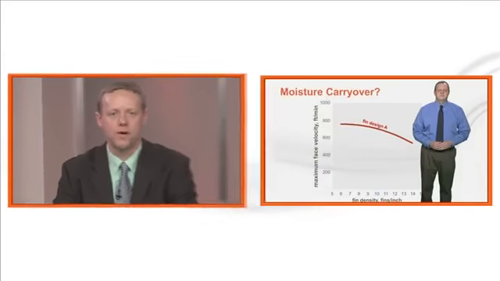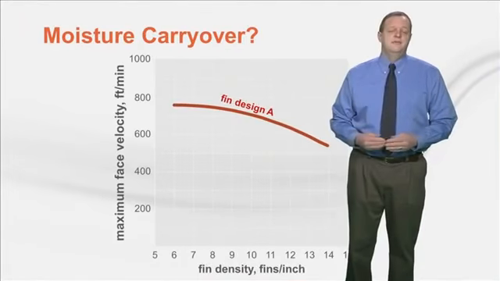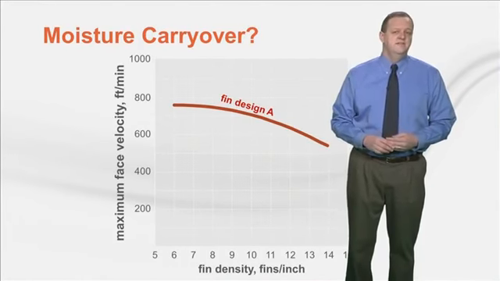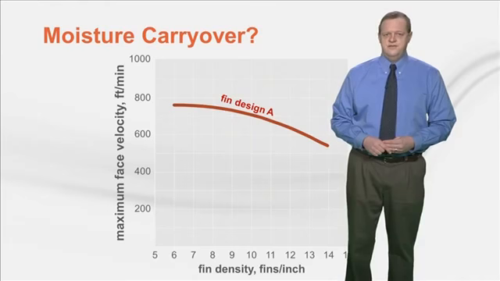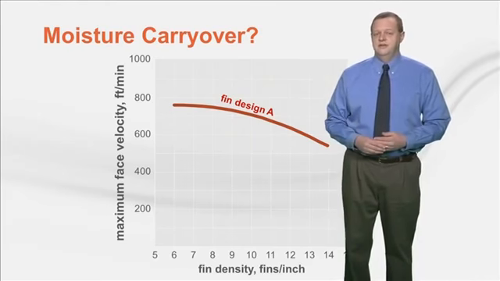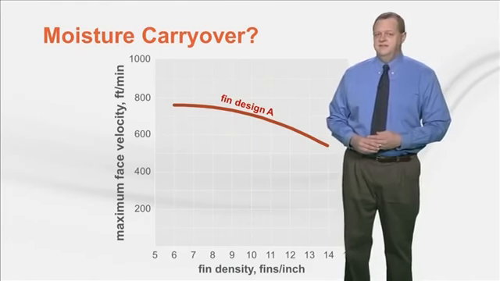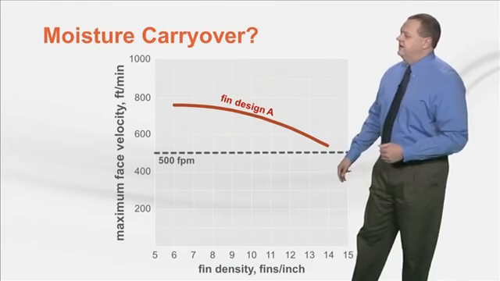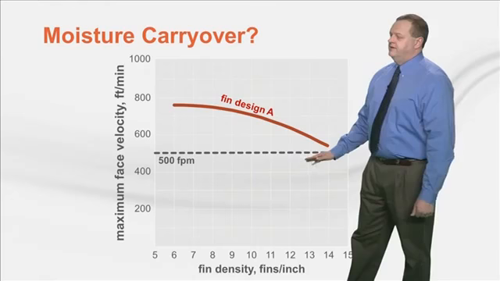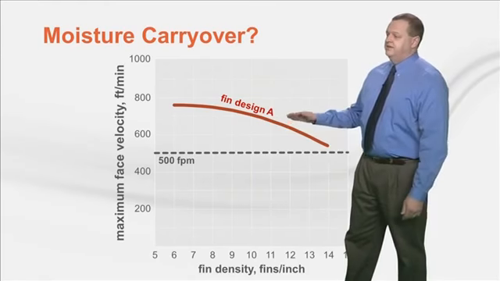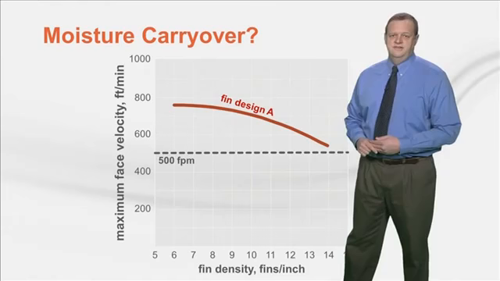But what about moisture carryover? This chart depicts the laboratory-tested moisture carryover performance of the fin surface design used for this example selection. Like the charts that Todd showed earlier, the x-axis is fin density and the y-axis is face velocity. Again, here's that arbitrary 500 feet per minute limit. You can see that depending on the fin spacing, this fin surface is capable of much higher face velocities.